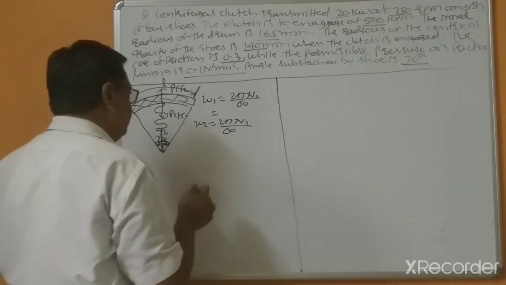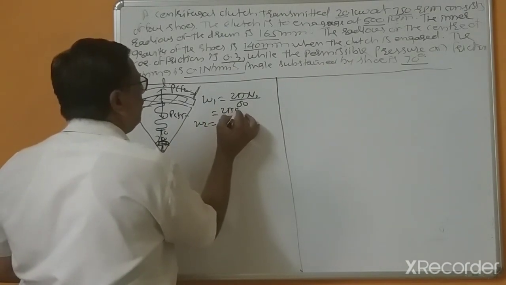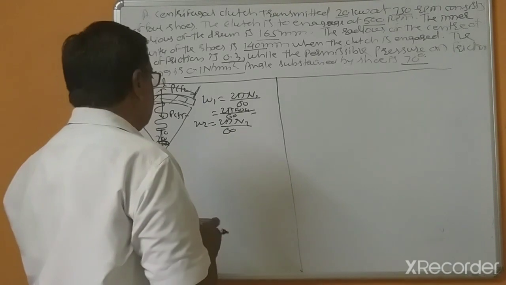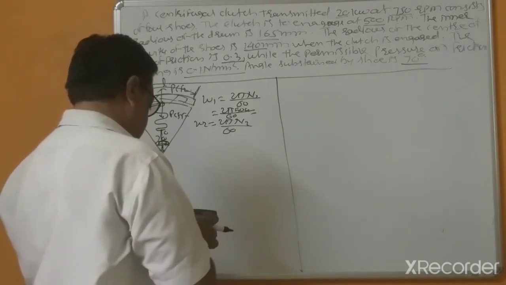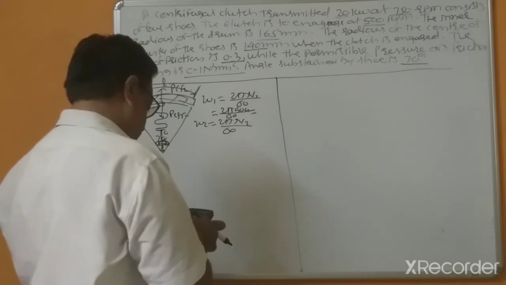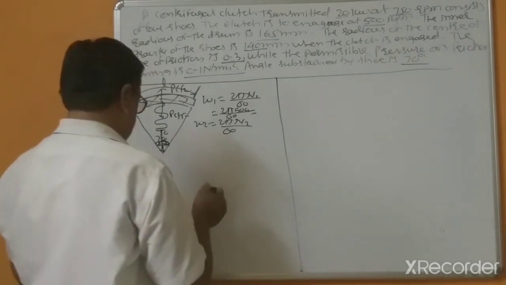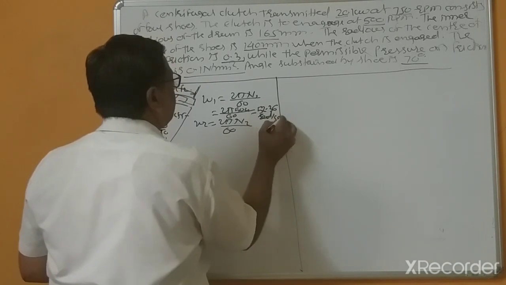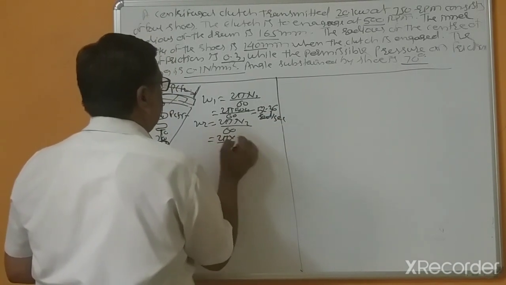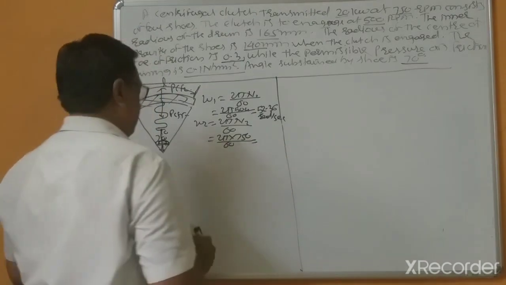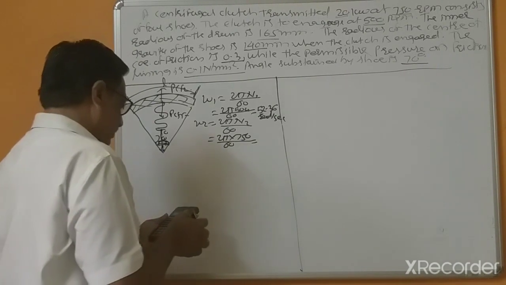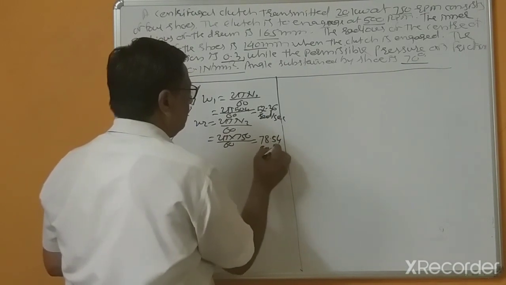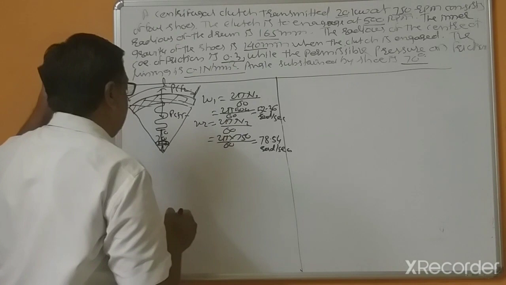So n1: 2 pi into 500 divided by 60 is 52.36 radian per second, and for n2, 2 pi into 750 divided by 60 is 78.54 radian per second.